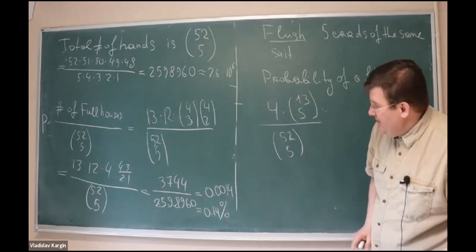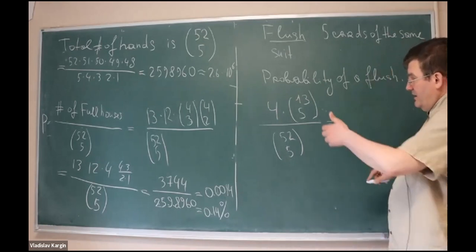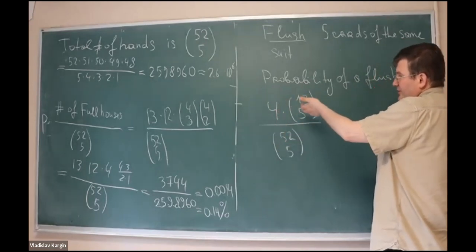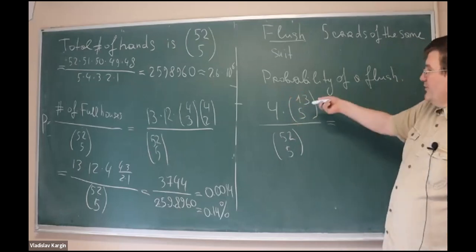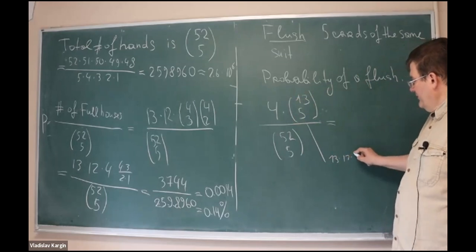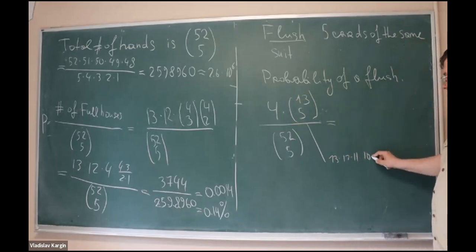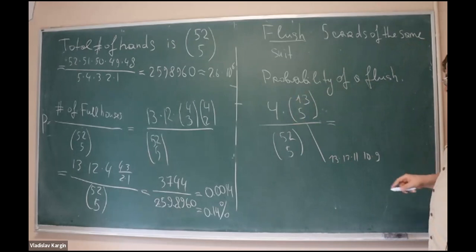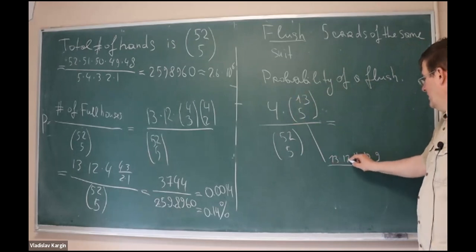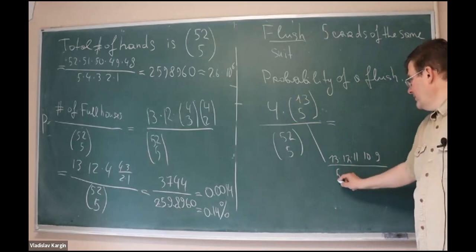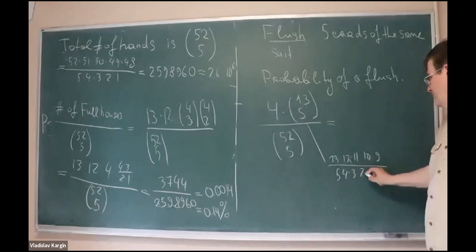Yeah. And so now you calculate it. 13 choose 5, well, that's 13 times 12 times 11 times 10 times 9, divided by 5 times 4 times 3 times 2 times 1.